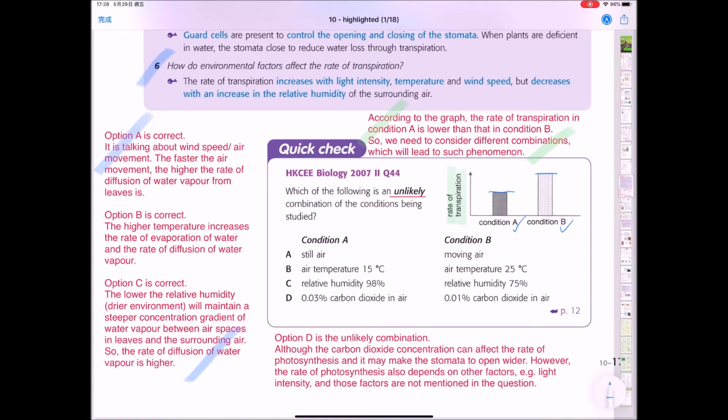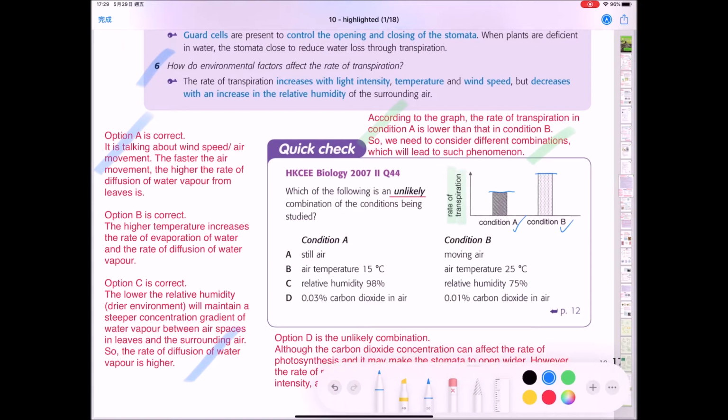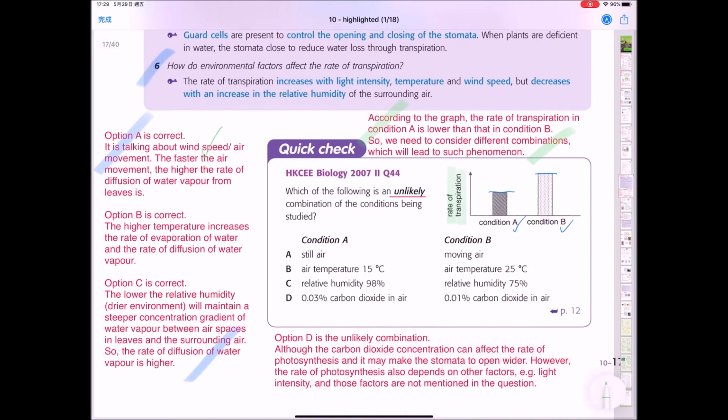Let's take a look at option A. In option A, condition A is still air, and condition B is moving air. In this combination, we are talking about the wind speed and the air current movement. The basic concept, if we recall the table on environmental factors' effect, is that the faster the air movement, the higher the rate of diffusion of the water vapor from the leaves.